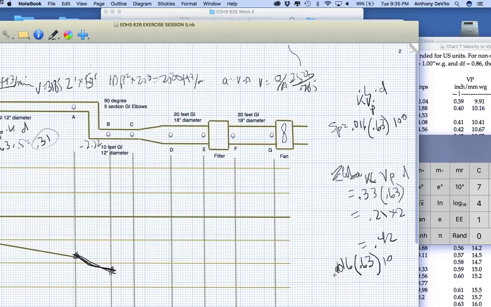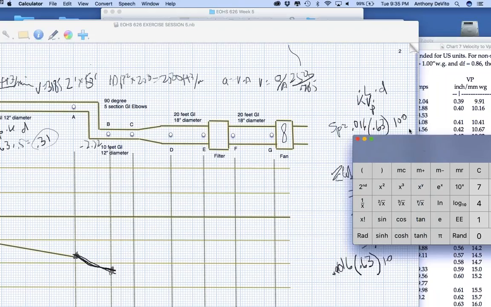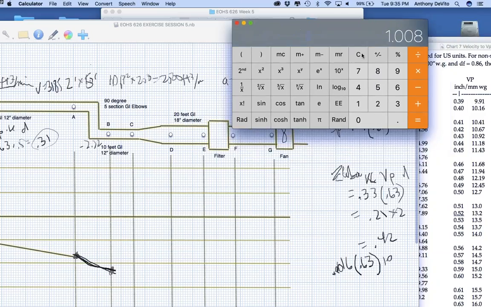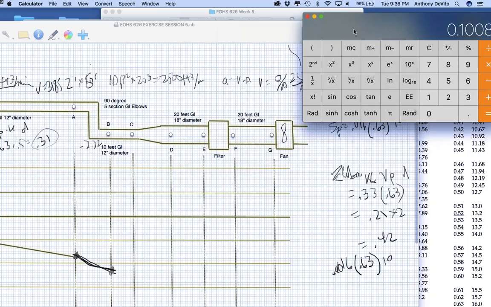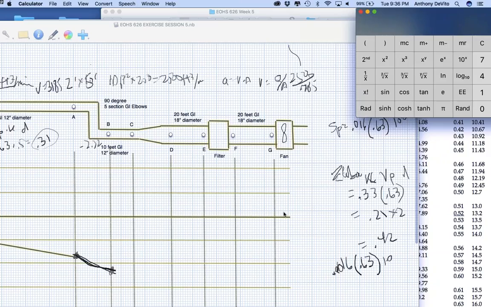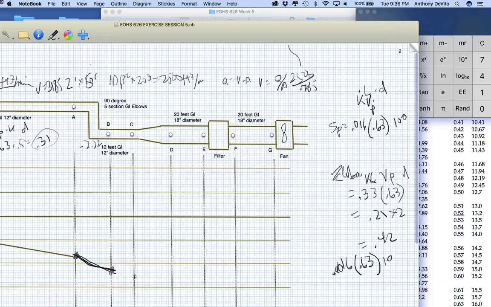So 0.016, the K factor from our table, times 0.63, times only 10 feet this time. So the loss on that 10 feet is only 1/10 of an inch of water. So that's going to go from negative 2.4, I guess it was, to negative 2.5, for that length of ductwork.